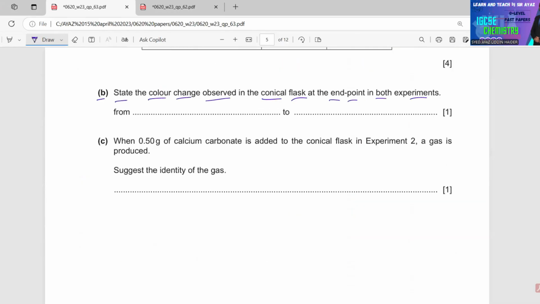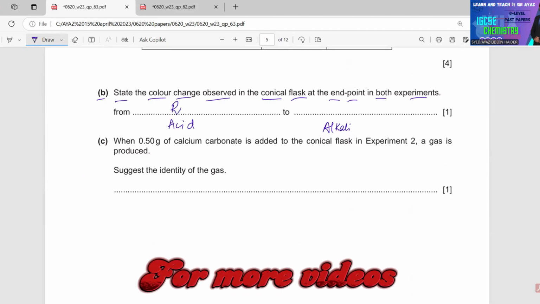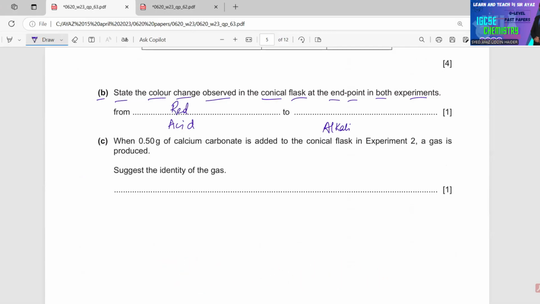Initially, it was an acid. Then you have excess of alkali. The change will be due to the presence of excess drops of alkali. So it must be in acid. The color is red. In case of alkali, it changes to orange. This is something you have to learn by heart.